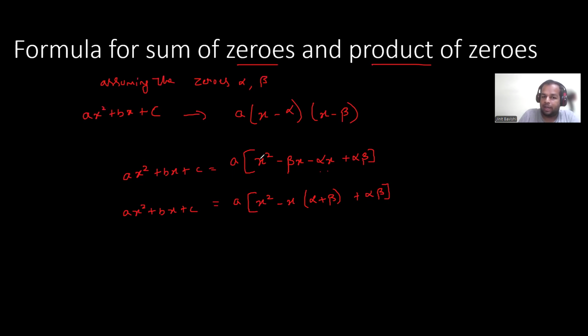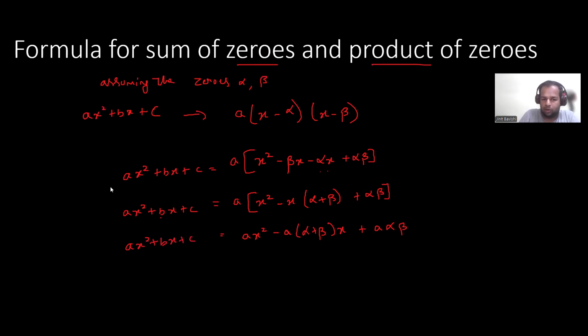I'm going to compare the x square term with the x square term, and the x coefficient, alpha plus beta, with the b value. Keep in mind that a is common outside. So written in simple form, it will be ax square minus a into alpha plus beta into x plus a into alpha beta, and this is equal to the left hand side, ax square plus bx plus c.